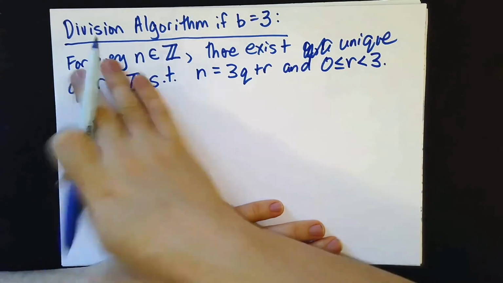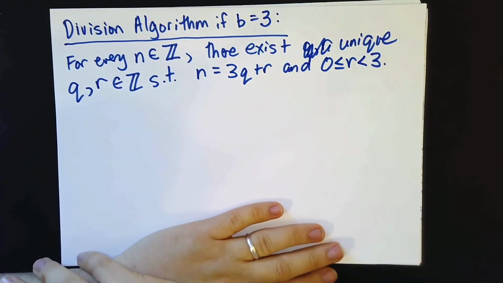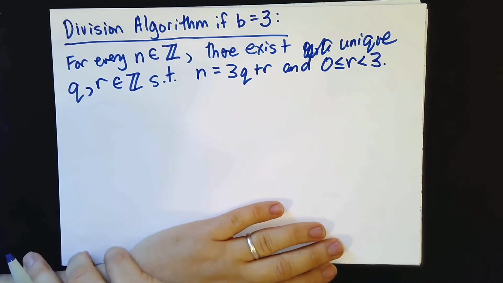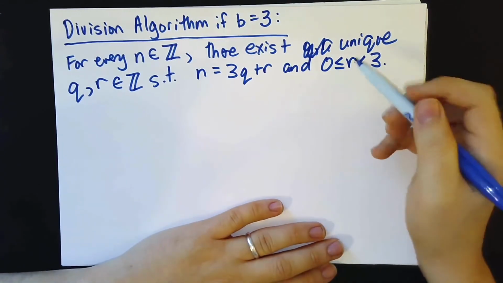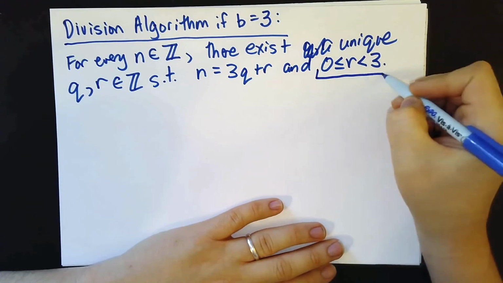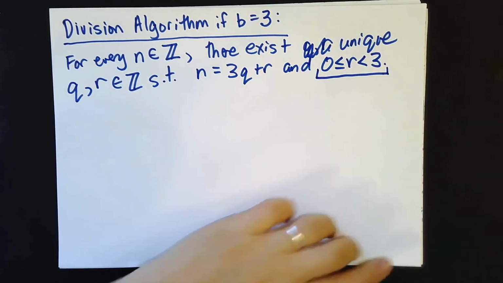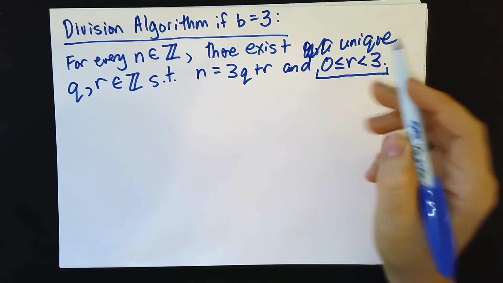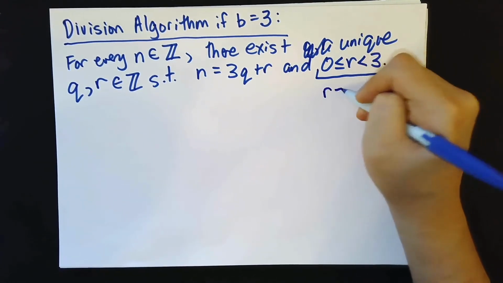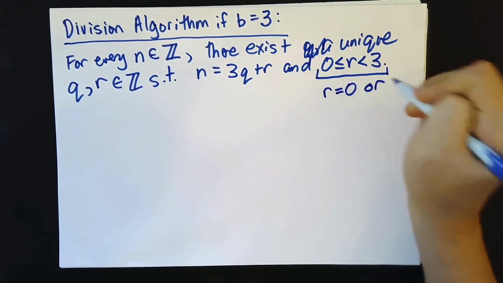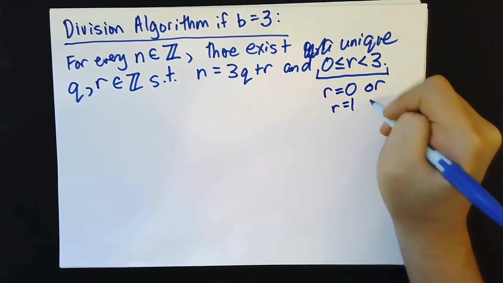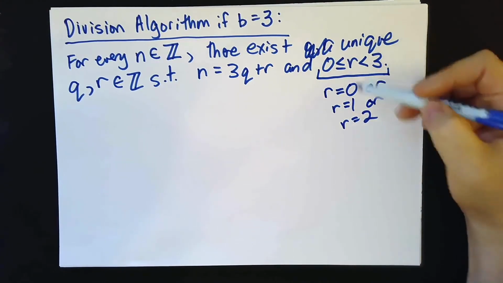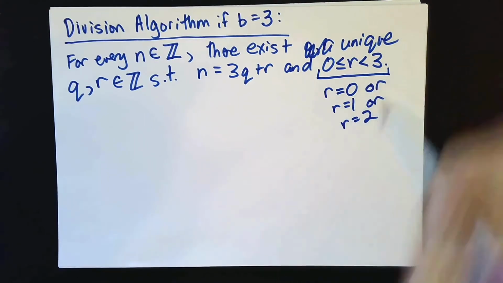This just says, for every n in the integers, there exist unique q and r in the integers such that n is 3q plus r. And this is really the driving force of the division algorithm, this r happens to live between 0 and 3. And so that's really saying r is 0, or r is 1, or r is 2. Those are the only possibilities.